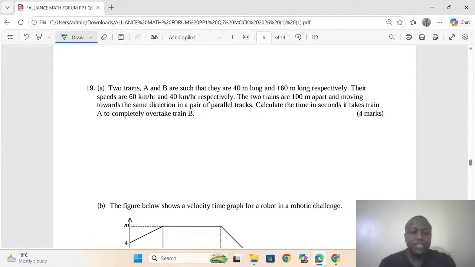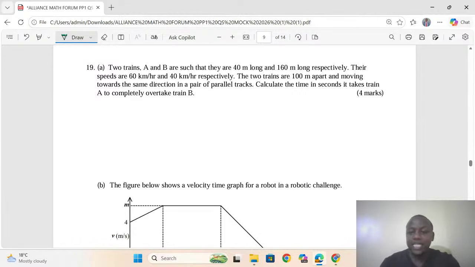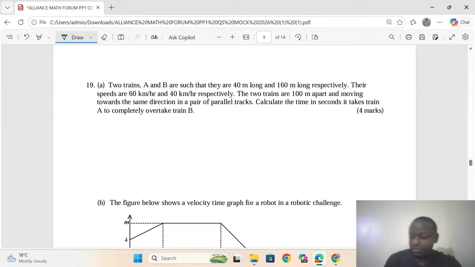Now, their speeds are 60 kilometers per hour and 40 kilometers per hour, respectively. The two trains are 100 meters apart and moving in the same direction on a pair of parallel tracks. Okay? Calculate the time in seconds it takes train A to completely overtake train B.